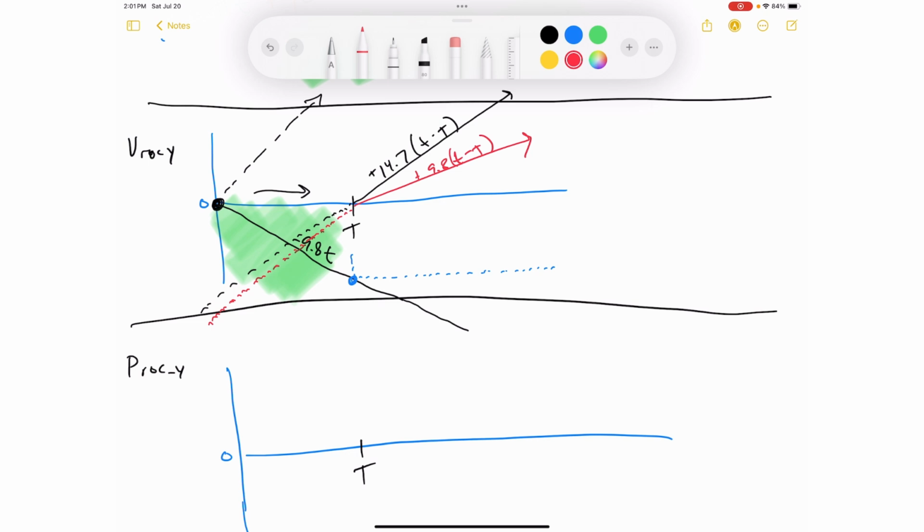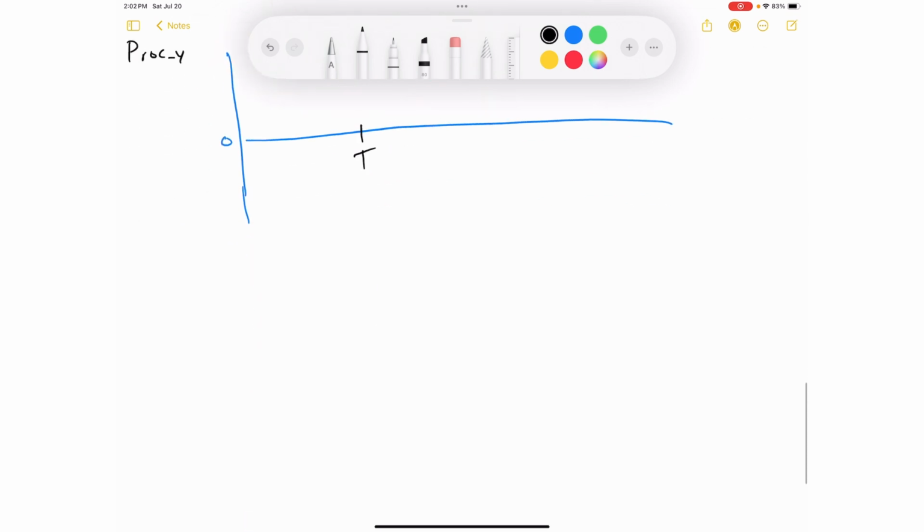Yes, it would, but you actually don't care about that. The only part on this graph I care about is between capital T and little t, where little t is where the rocket and the airplane meet. Right, so remember, I'll end up erasing this.